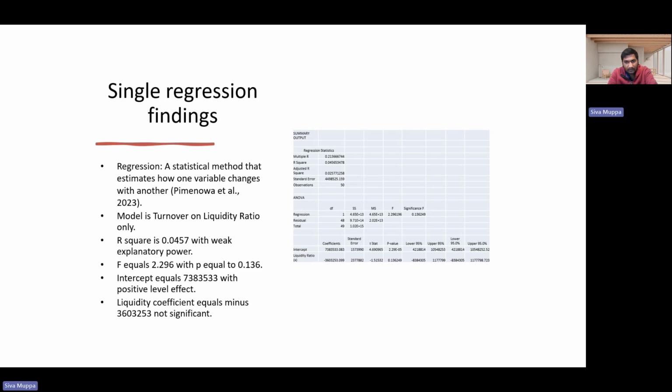The negative correlation is not reliable. Hence, liquidity on its own should not be used to predict turnover or to allocate resources.